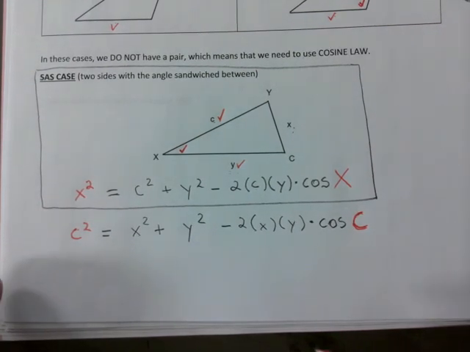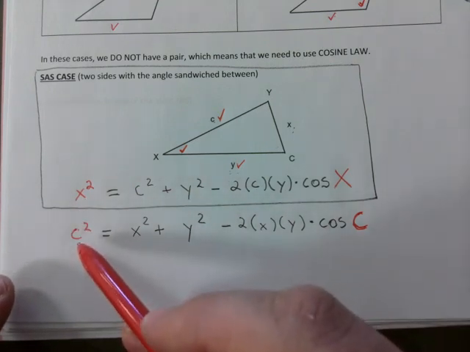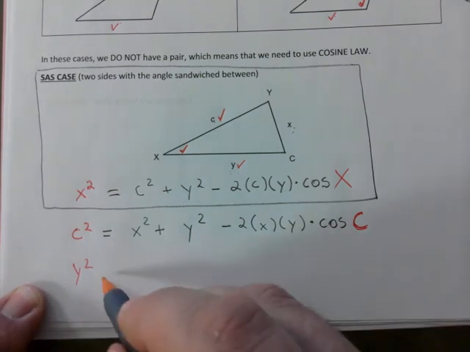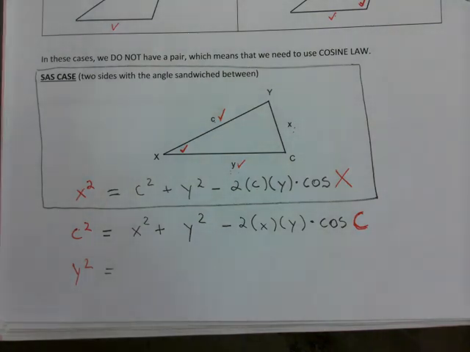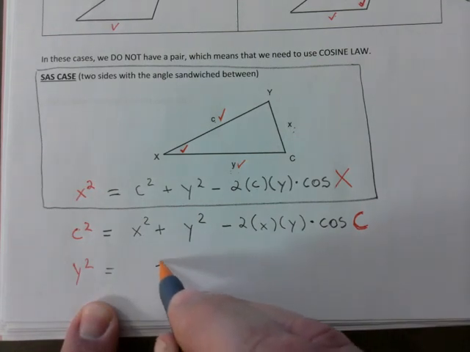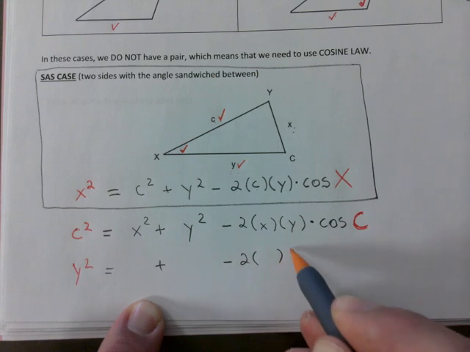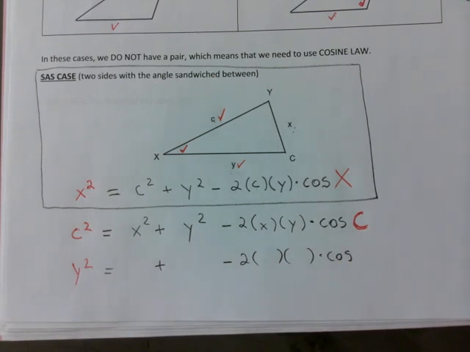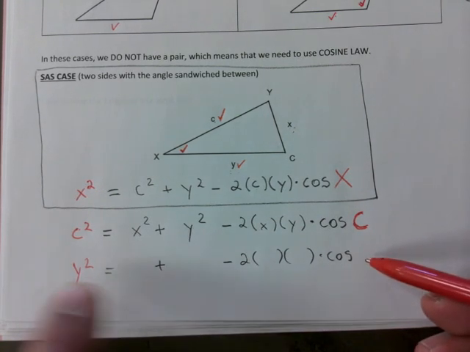One more variation. We've solved for X, we've solved for C. Now we're going to solve for Y. And you're like, how can you solve? It's weird, Mr. Erickson. Just don't worry about it. We'll plug in and then we'll solve, okay? Here's two things that we're going to add. Then we're going to subtract 2. Let's go bracket, cosine of something. That's the pattern. What's going to go at the back here? Which angle?